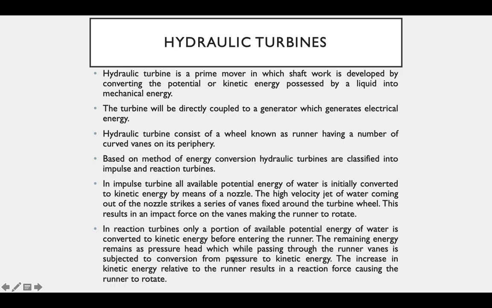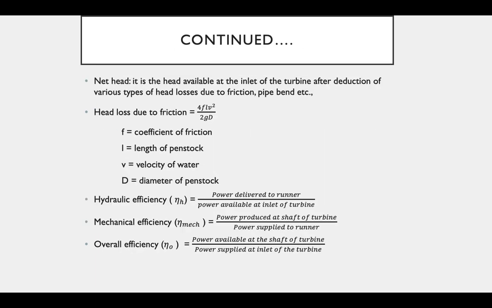Potential energy in that will be converted to pressure head, and this pressure head is also utilized in the turbine. So here simultaneous utilization of kinetic and pressure energy happens, due to which a reactive force is exerted which causes the runner to rotate.